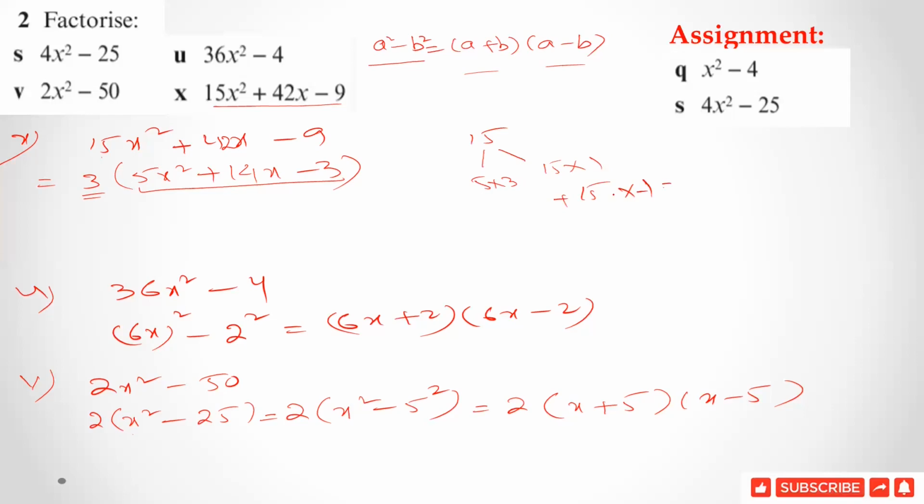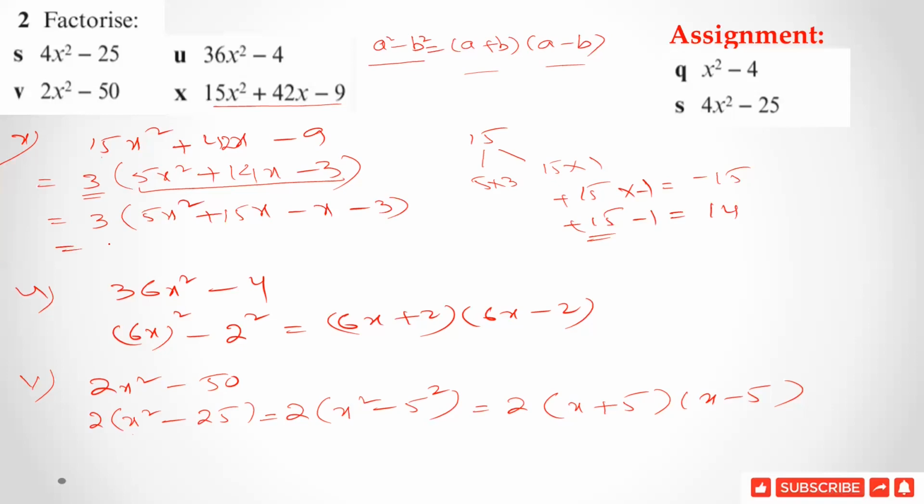If we take 15 times 1, with plus 15 and minus 1, we get 15 minus 1, which will be plus 14, because 15 is the bigger number and it carries the positive sign. So we take 3 times 5x squared plus 15x minus x minus 3.